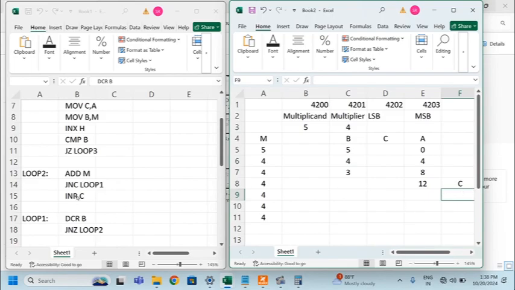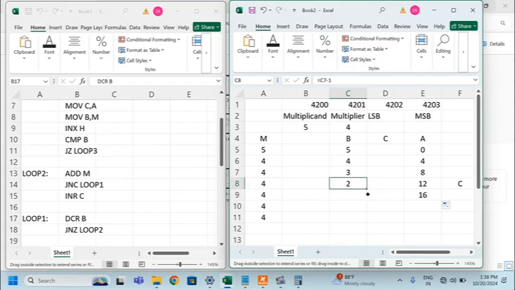Please remember, no carry, jump to decrement B register. So it becomes 2. After decrementing, is it 0? No, we repeat it again, add it again. So it becomes 16, decimal number. Once again we are decrementing.